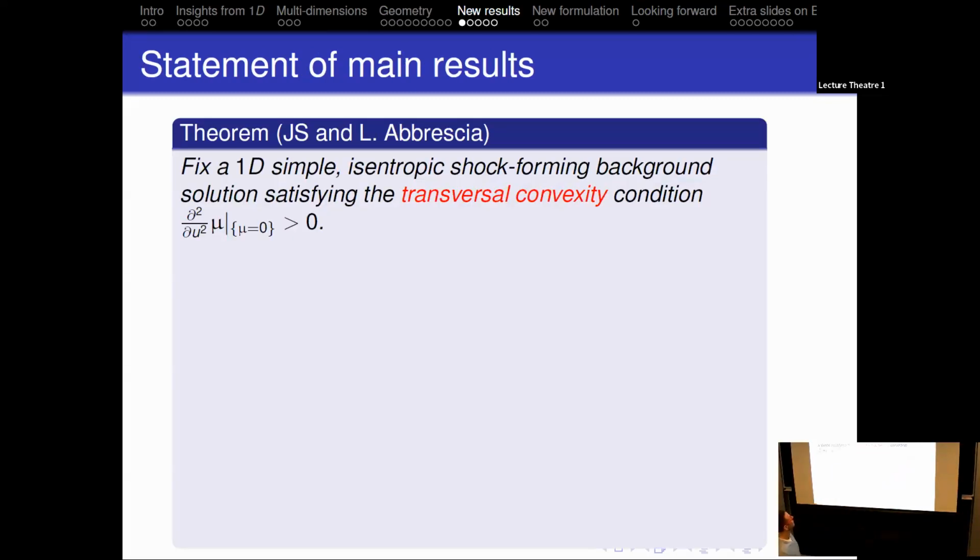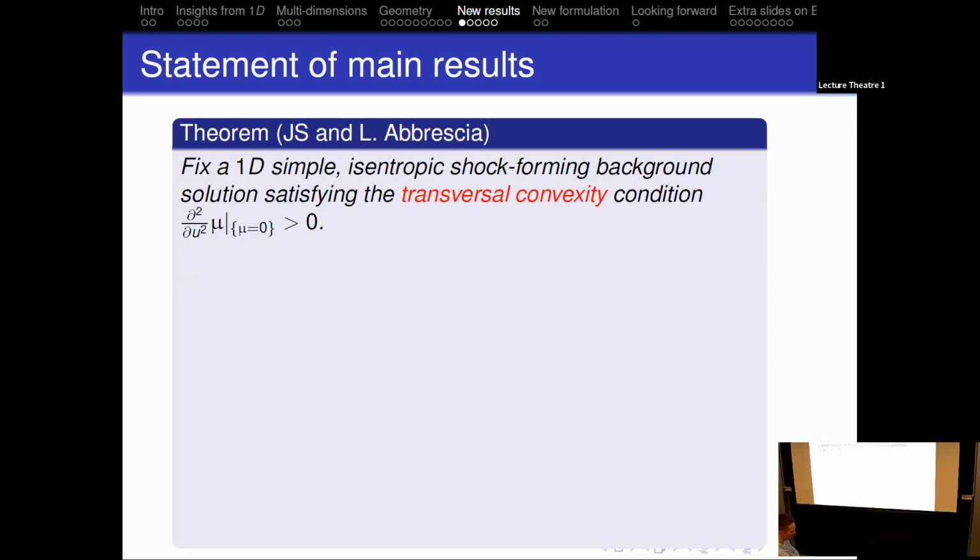Okay. So now I can finally say something in more detail about what I actually did with Leo. So fix one of these simple isentropic shock-forming, let me call it, background solutions.